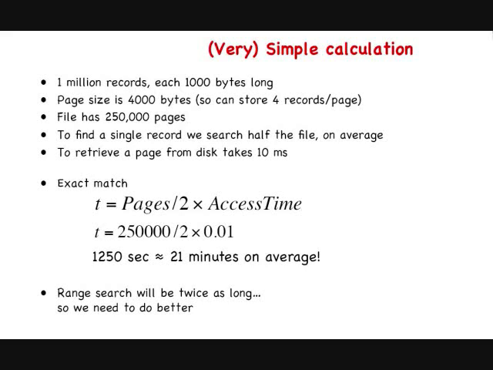Let's say that on a current PC type disk, to retrieve a page from disk takes about 10 milliseconds. So 250,000 times 10 milliseconds, on average half, comes out to about 21 minutes. Not great.